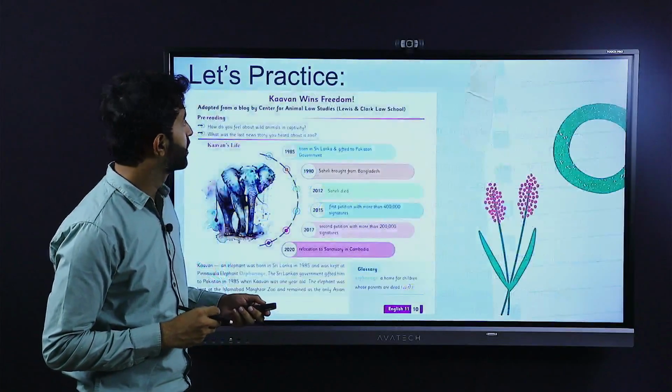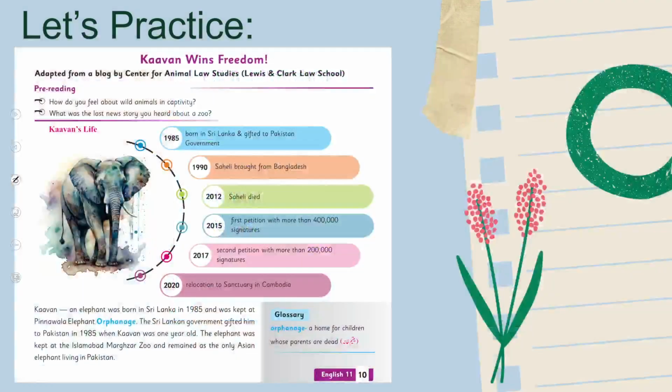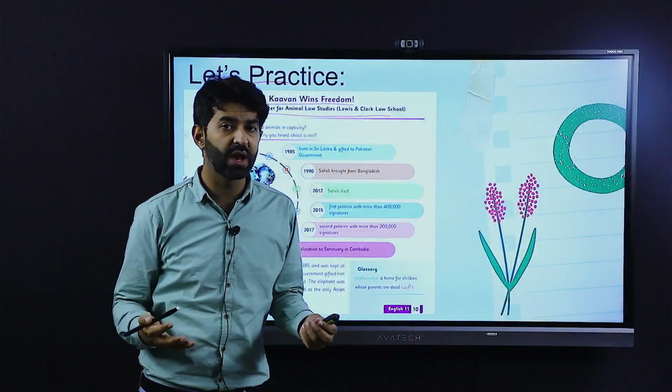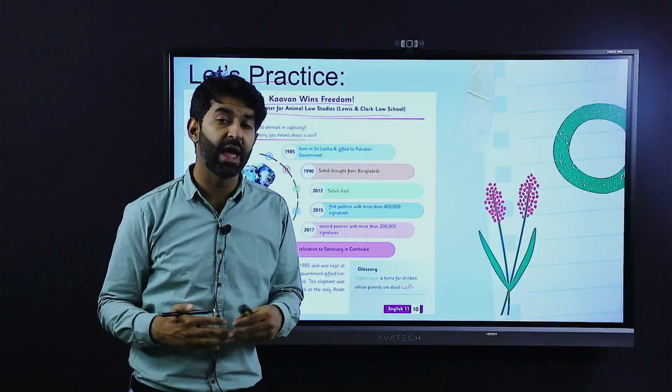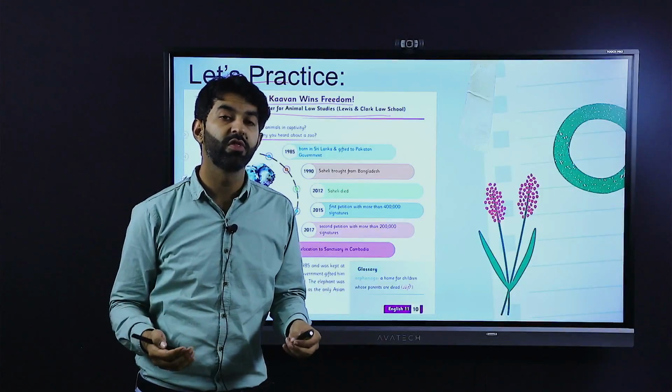Now, let's practice. You can see a picture in front of you over here. The title, Kawan Wins Freedom. Now, this is a subheading, pre-reading. Now, let's say we want to find when Saheli was brought from Bangladesh. This is a story of an elephant that was imported from Sri Lanka, probably to Pakistan, and that animal couldn't survive properly, and then they had to send it back.